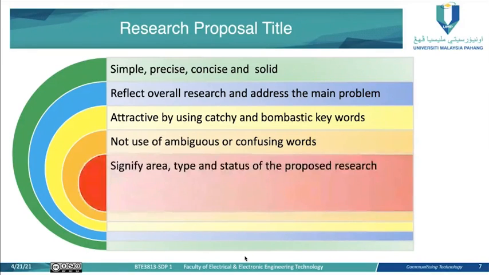Then signify the area, type, and status of the proposed research. Among the keywords in your title will be the area that you focus on. As we mentioned before, if we focus on automation, the word automation should be in your title. If we focus on robotics, the word robotics should be in your title.